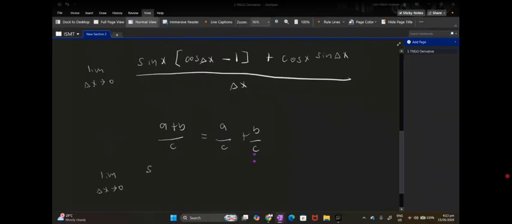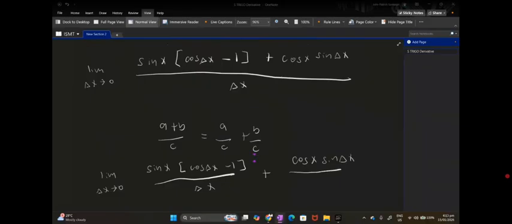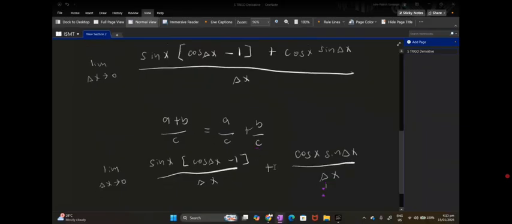So, magiging sin x cosine of delta x minus 1 all over delta x plus cosine of x sine of delta x all over delta x.